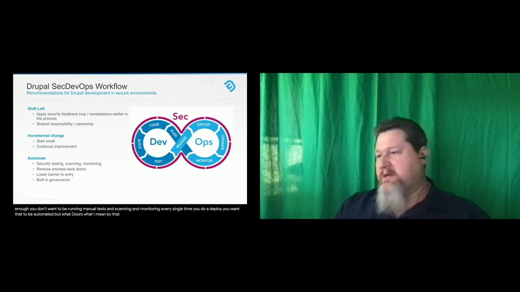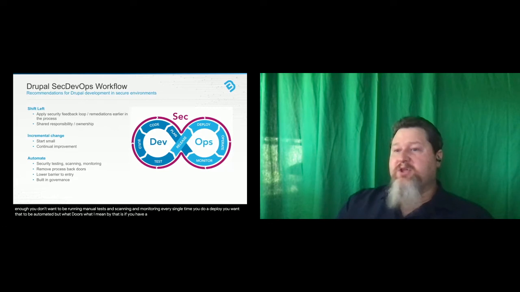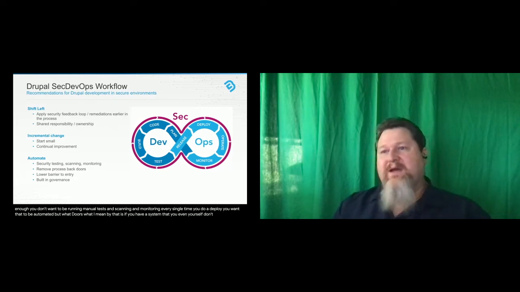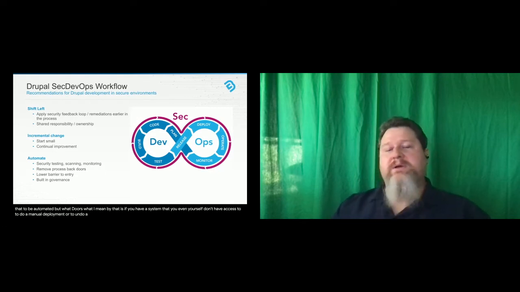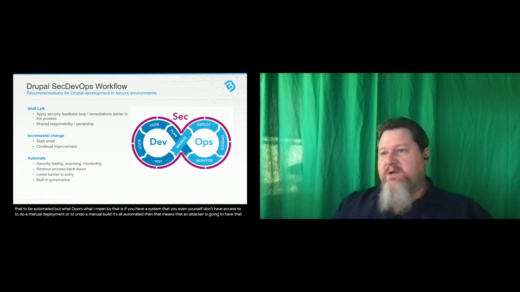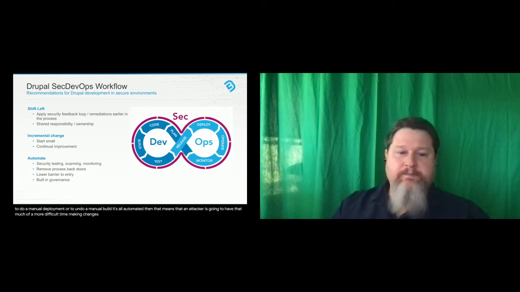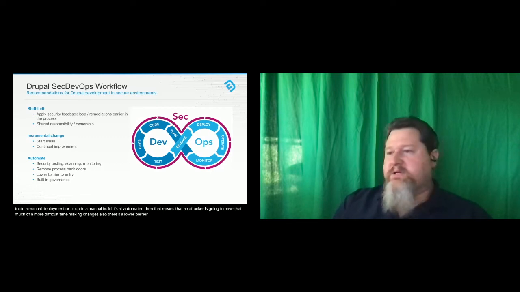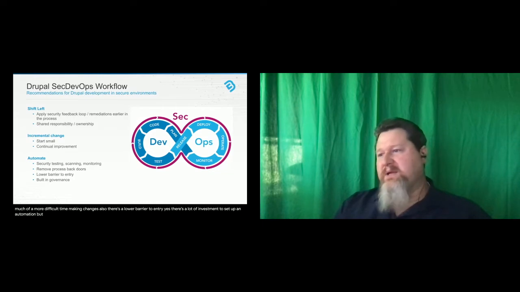What I mean by that is if you have a system that even you yourself don't have access to do a manual deployment or a manual build, it's all automated, then an attacker is going to have that much more difficult a time making changes. Also, there's a lower barrier to entry. Yes, there's a lot of investment to set up automation, but that means that the net new person being added to the project doesn't have to set all of that up.